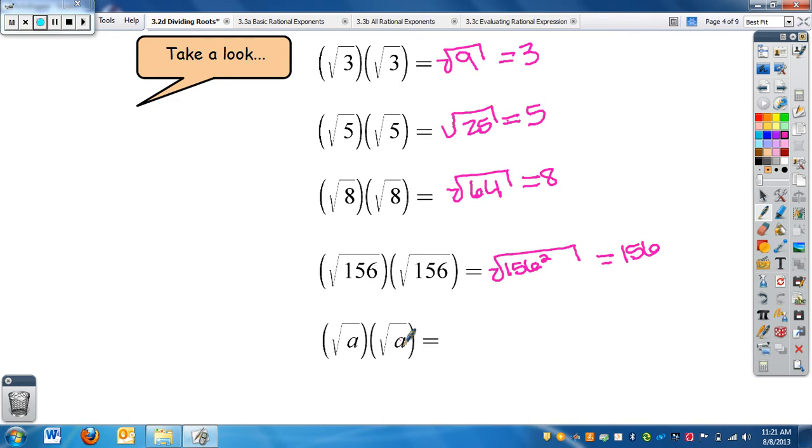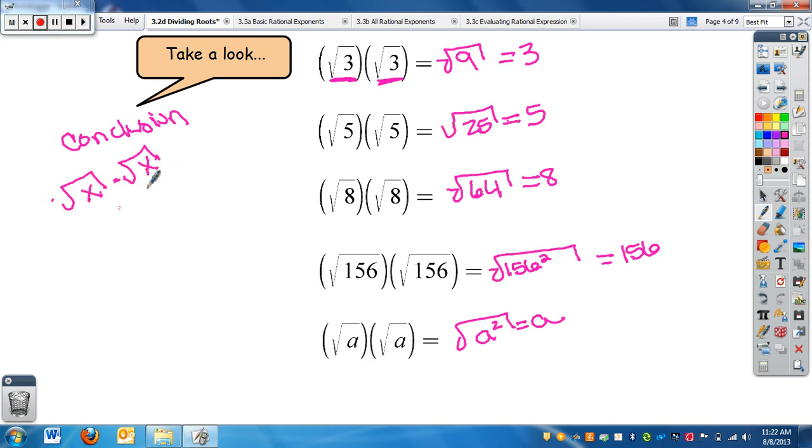So this is 156. The square root of a times the square root of a is the square root of a squared, which cancel, so it's a. What conclusion can we make about what's happening here? Anytime you take a root times itself, so the square root of x times the square root of x, no matter what's inside, because I have two of them, I have a pair, which means it's the square root of x squared, which cancels out.